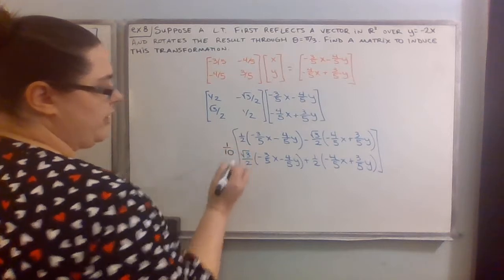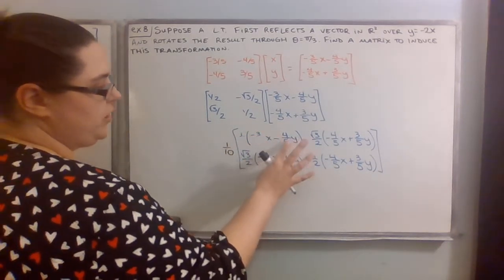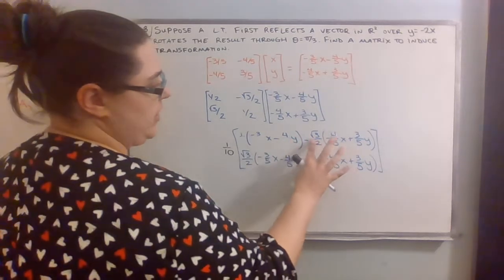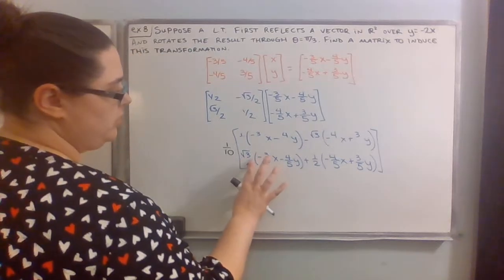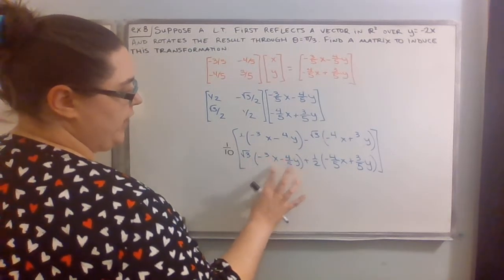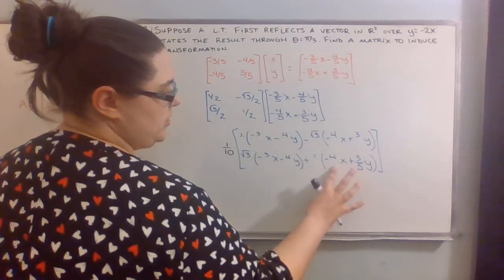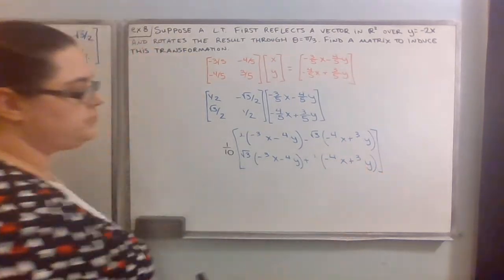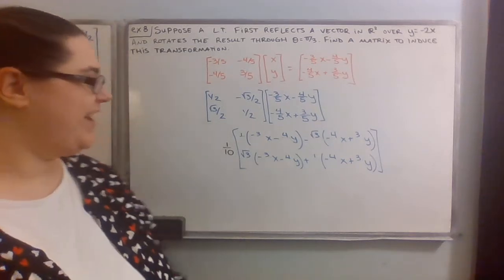When I factor out that 1/10, all these fraction pieces are going to disappear, which makes the computation easier. Ordinarily I would rewrite this, but I am short on board space, so I'm taking a shortcut, and hopefully that doesn't mess me up too much.